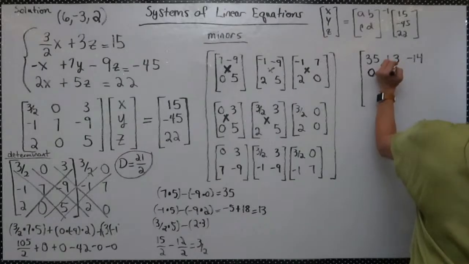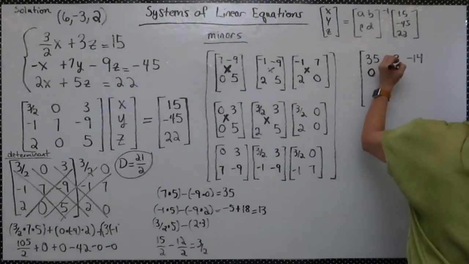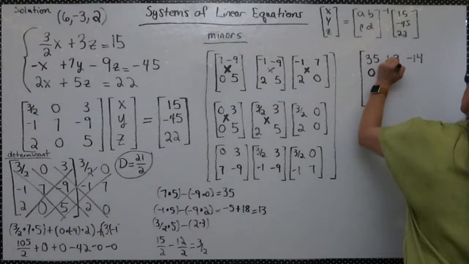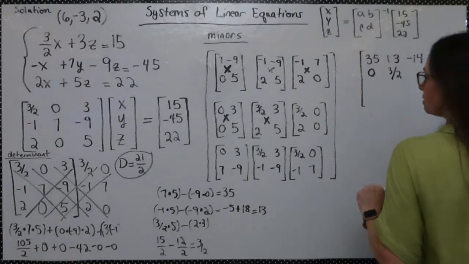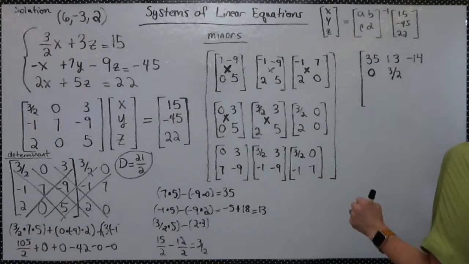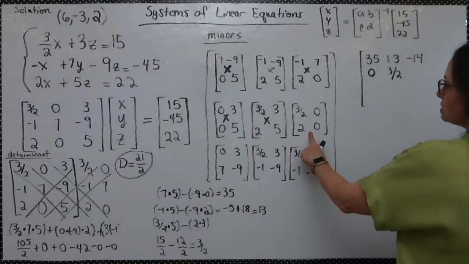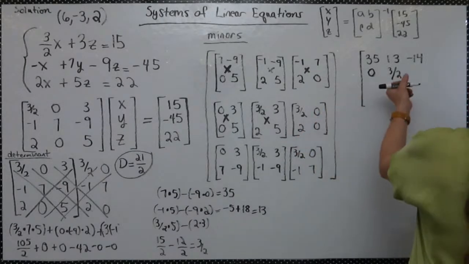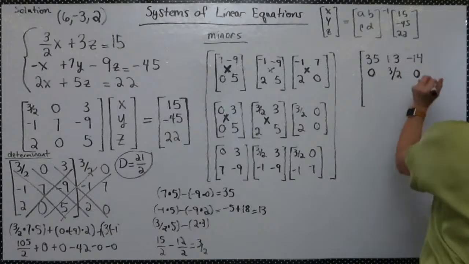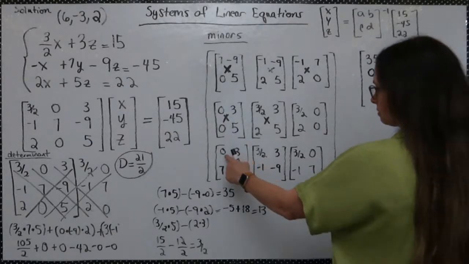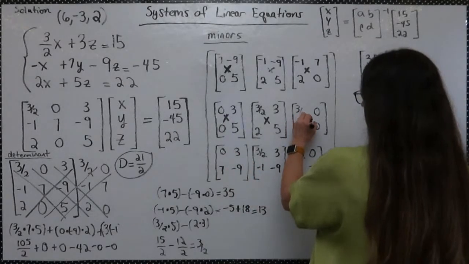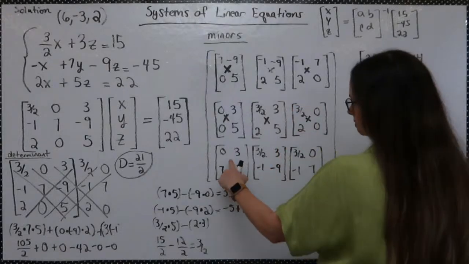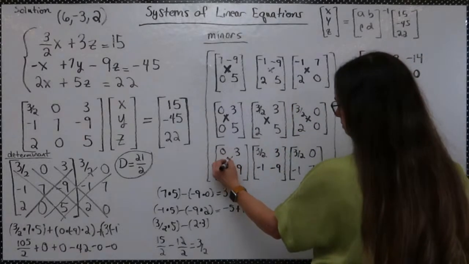So essentially what we're building here is a matrix consisting of all of the determinants of my original matrix. So we have this one. This is 3 halves times 0 minus 2 times 0. So this is 0 again. We have 0 times negative 9 is 0.